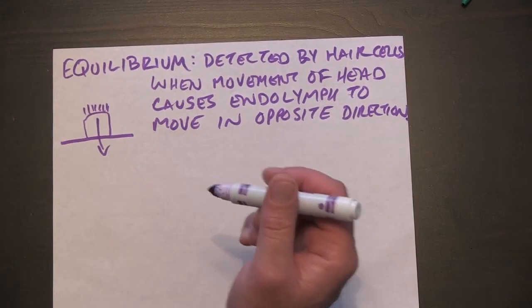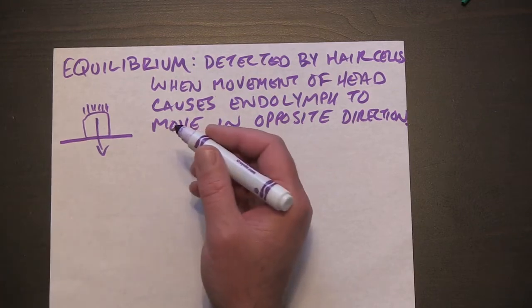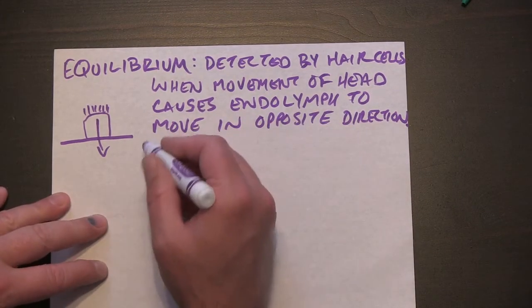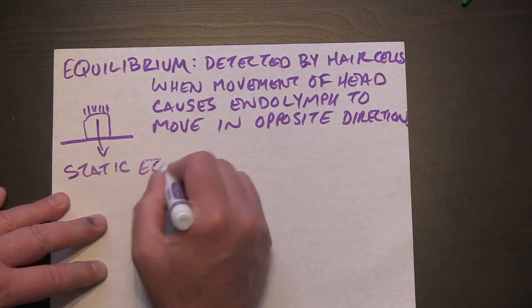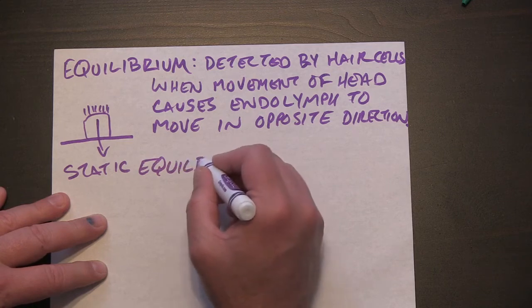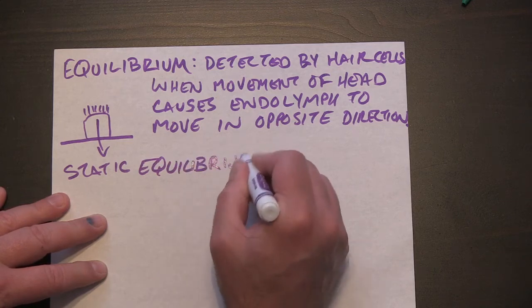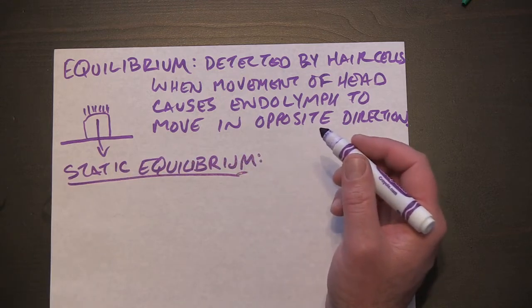Okay, so there's two types of equilibrium, and they're handled in different ways. Static equilibrium means staying still.